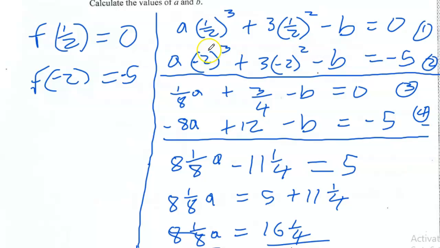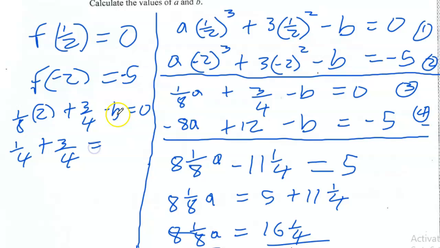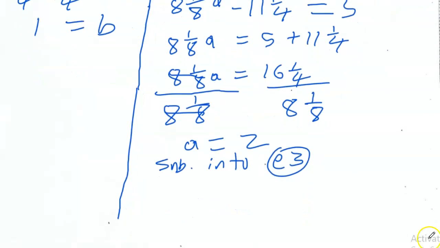So 1/8 times 2 plus 3/4 minus b equal to 0. I'm solving for b now. So 1/8 times 2 is 2/8, that's 1/4. Plus 3/4. I can add b to both sides, so positive b. So 1/4 plus 3/4 is 1. So b is equal to 1. So our solution: b is equal to 1 and a is equal to 2.